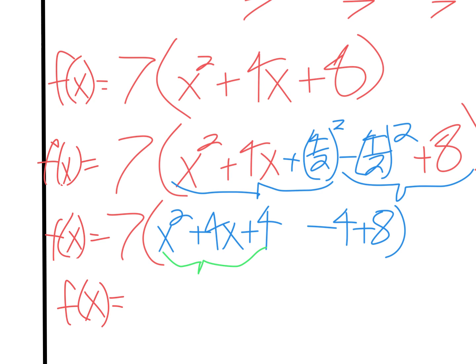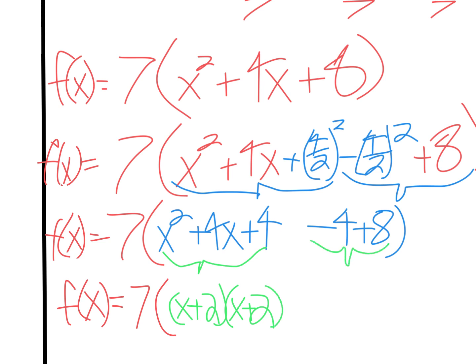In other words, what are the factors of 4 that add up to 4? That's 2 and 2, right? So I can say 7 parentheses, and then x plus 2, and then what's negative 4 plus 8? That's going to make a positive 4, isn't it?